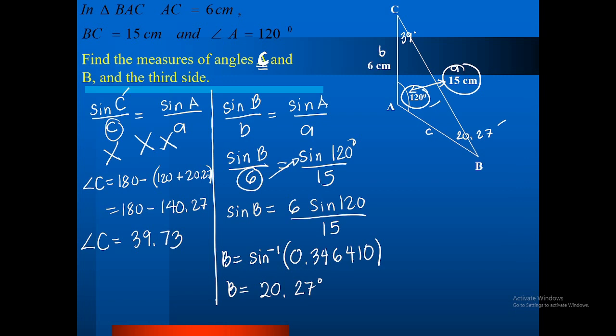This time, C, the third side. Which side has no measurement?